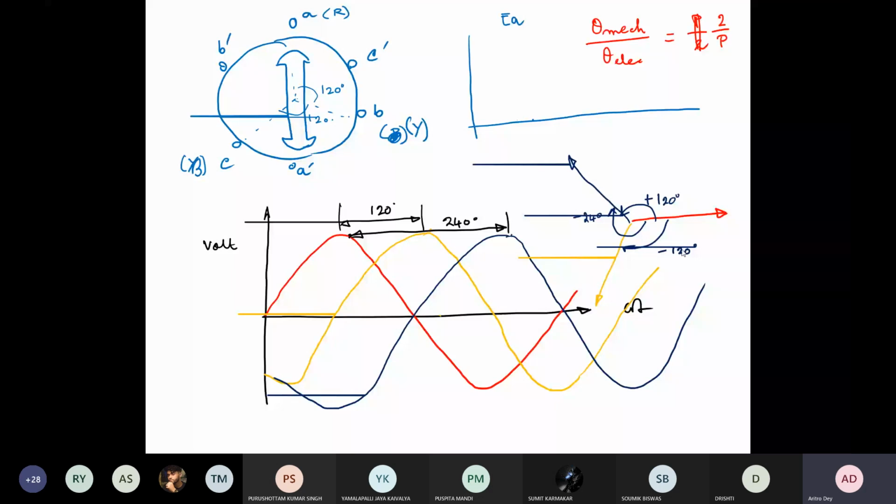So as we were discussing, we can go from single phase to three phase. What are the advantages of three phase circuit?